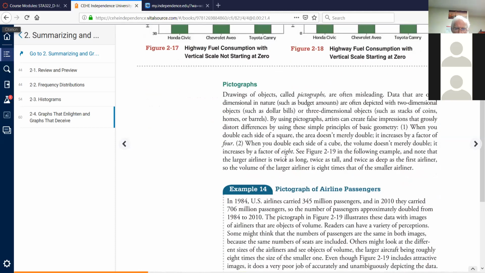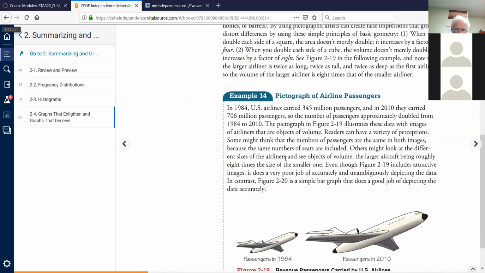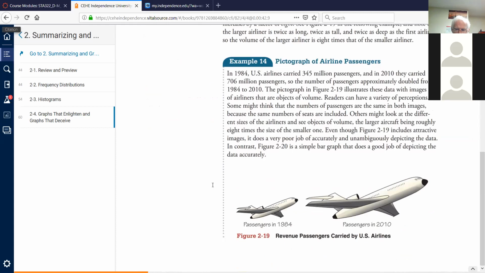We have also drawings, pictographs. Looking at this is a great one. Revenue passengers carried by airlines in 1984 and 2010, shown by the size of an airplane being drawn. But if you look at the actual numbers, in 84 they carried 345 million passengers, and in 2010, 706.